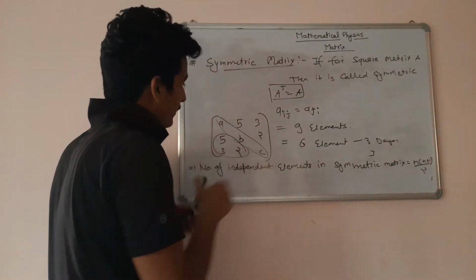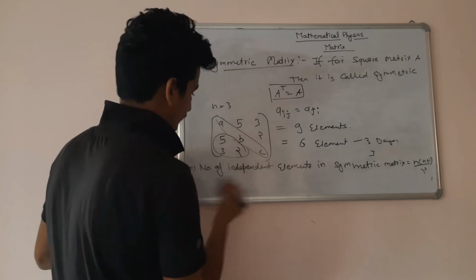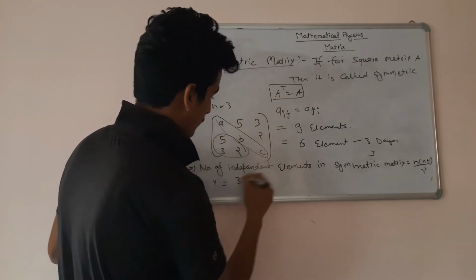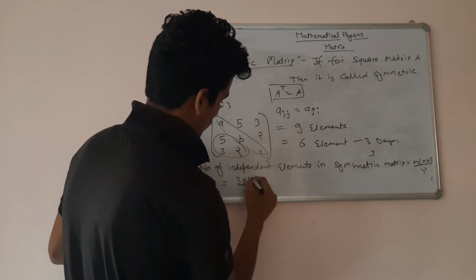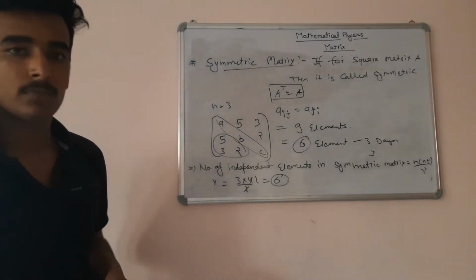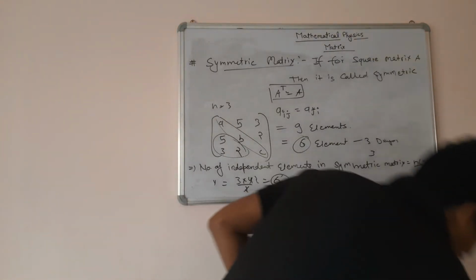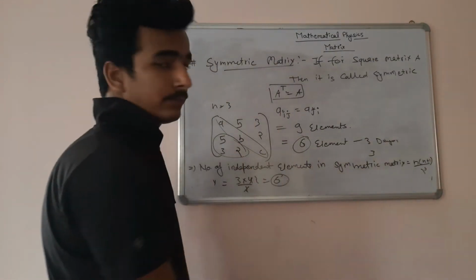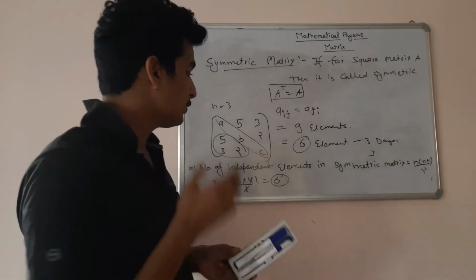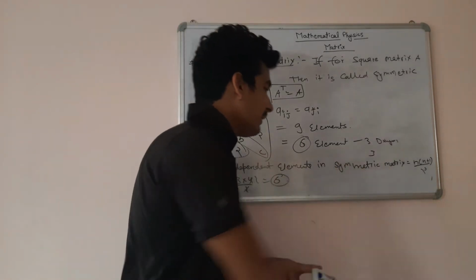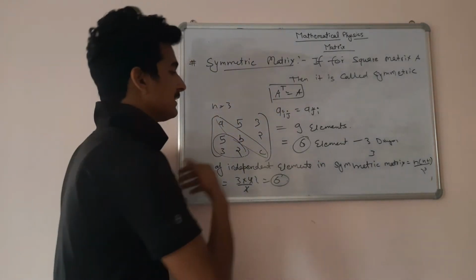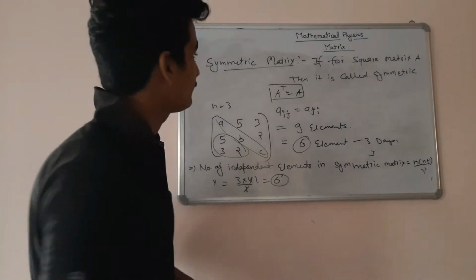Here n equals 3, so the number of independent elements is 3 times 4 by 2, which is 6. So from both equations, the formula we get as a conclusion is that the number of independent elements in a symmetric matrix is n(n plus 1) divided by 2. This is generalized for any order.